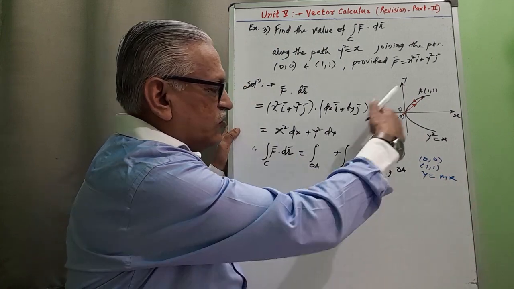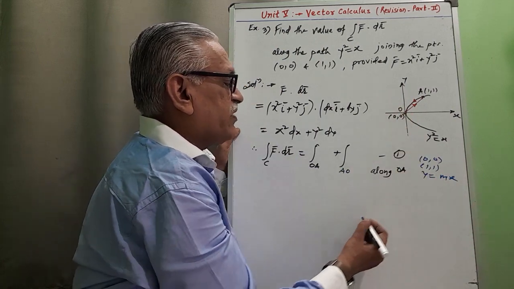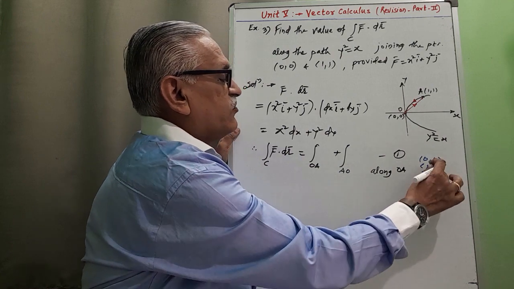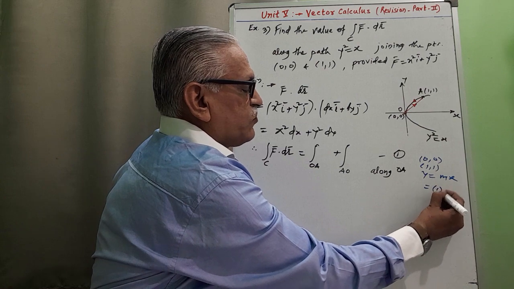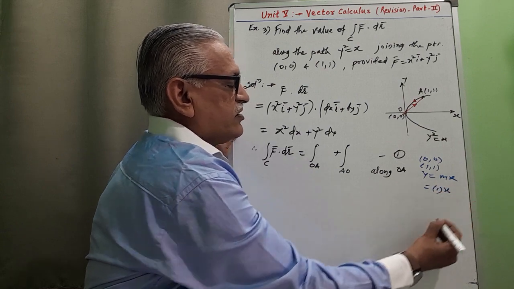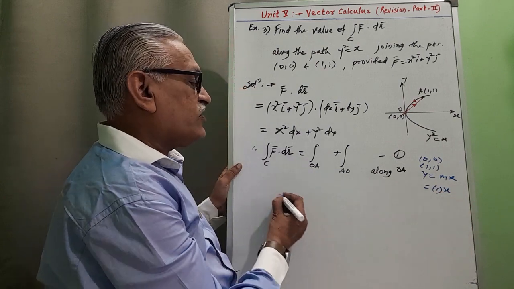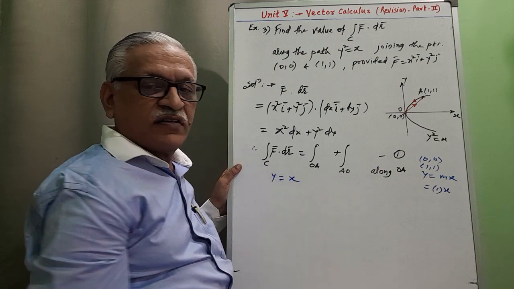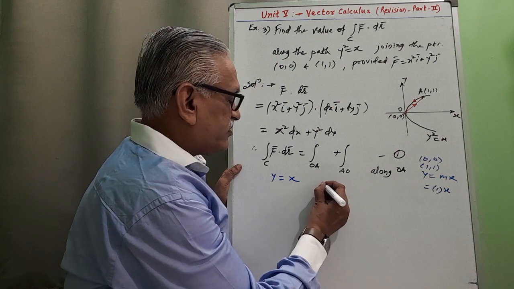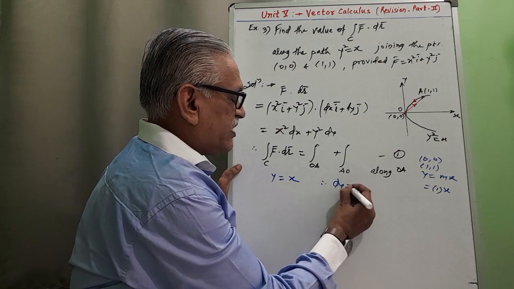We find the slope: y2 minus y1 is 1 minus 0, divided by 1 minus 0, so the slope is 1. Therefore, the equation is y equal to x.